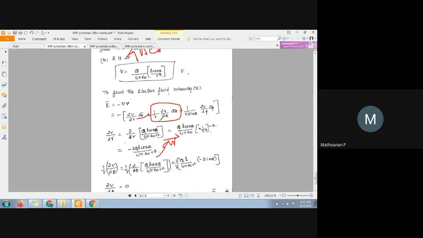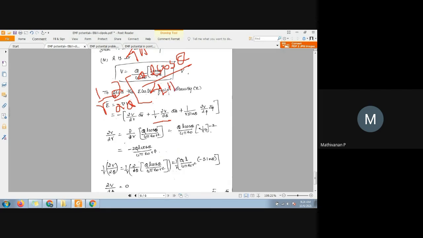Next term is with respect to theta. When I look at this equation, I will write directly ∂/∂theta into 1 by r. So 1 by r is going to be there. Here I'm substituting V: QL cos theta divided by 4 pi epsilon naught r square.